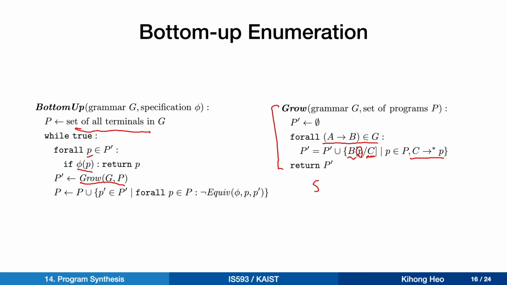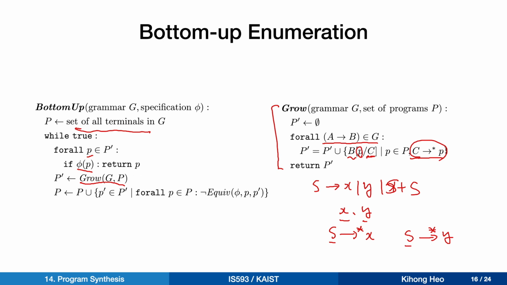Suppose we have this simple grammar: S is x, y, or S plus S. And here suppose we have terminals x and y. Then x and y can be derived from this symbol S, right? This one.